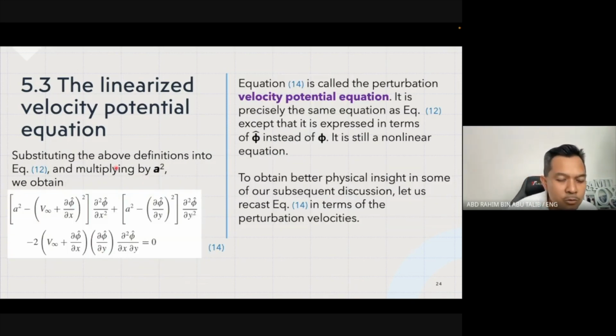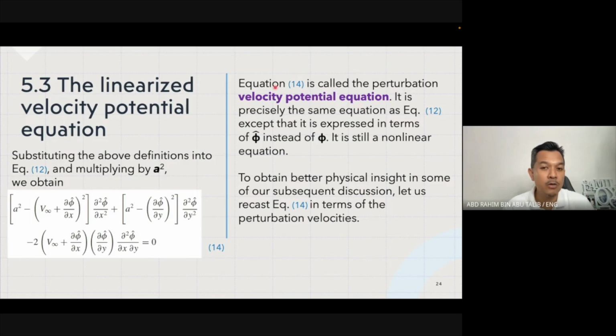Substituting the above definitions from the previous slide into equation 12, the velocity potential equation, and multiplying it by the speed of sound squared, we obtain this expression equal to 0. This is called equation 14, the perturbation velocity potential equation.